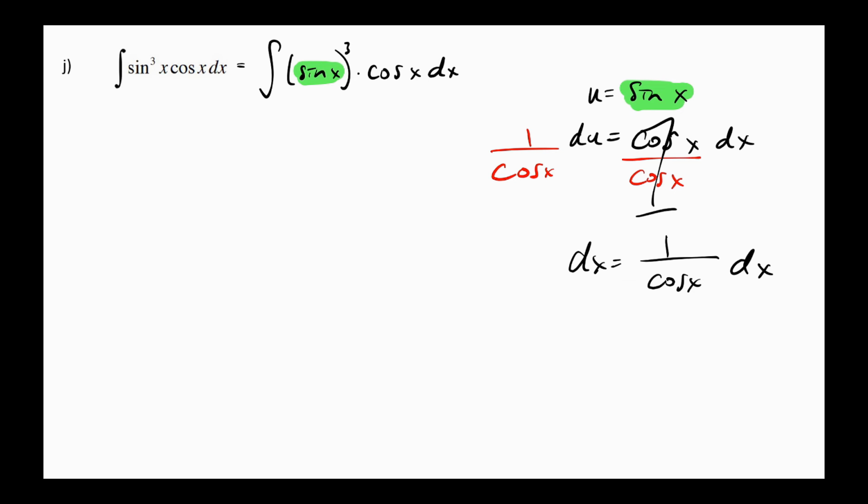So here's my u, here's my dx. When I plug those guys in, is it going to get rid of all of the x's? All of the cosine and sine are okay. I can have cosine and sine. Those are okay. But I can't have this guy over here.